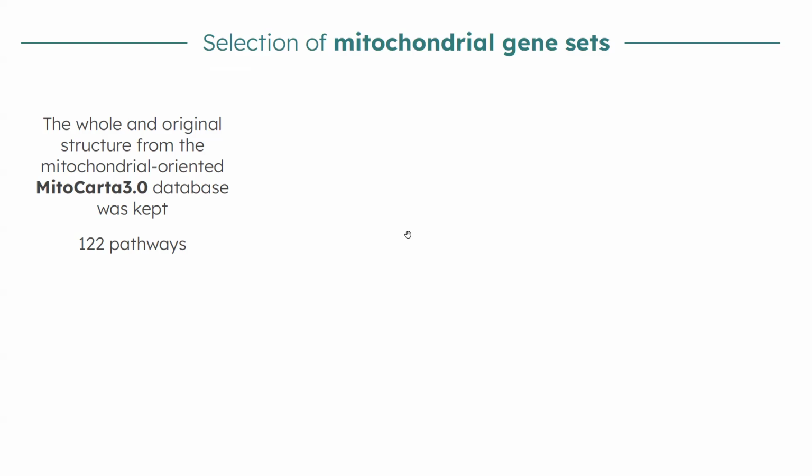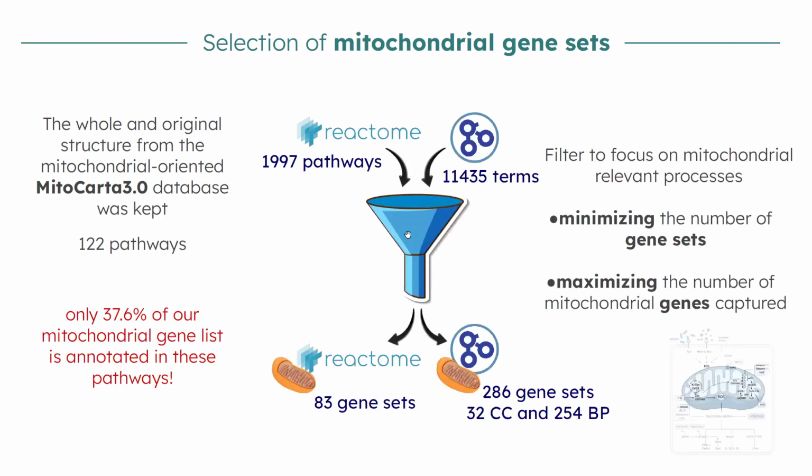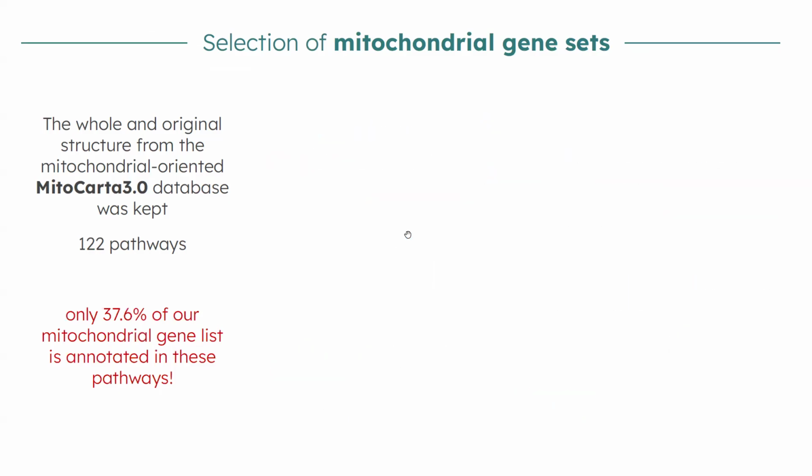They provide 122 pathways, but less than 40% of the genes in our gene list are annotated inside these pathways. So it seems like we are missing something.